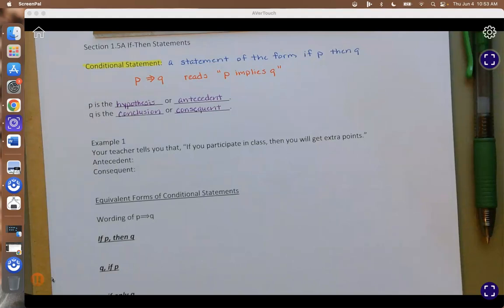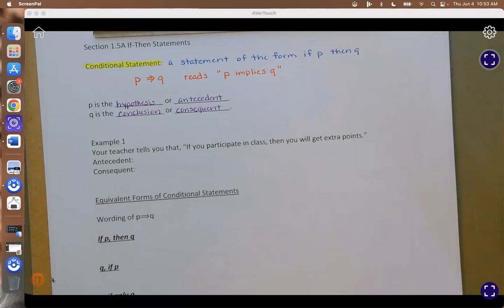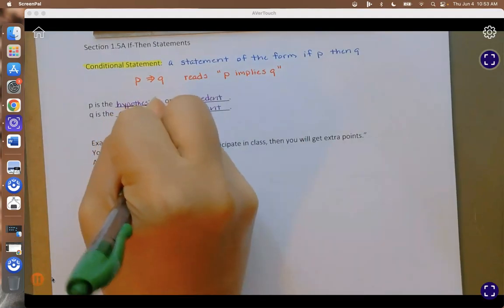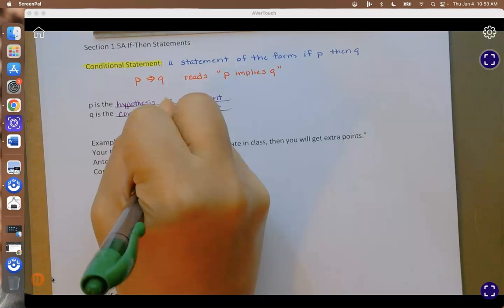All right. So, example 1. Your teacher tells you that if you participate in class, then you will get extra points. So the antecedent here, and if you can't remember which one's which, antecedent comes first, it's the if part, consequent is the second part. So the part after if is your antecedent, not the if itself, but the part after.